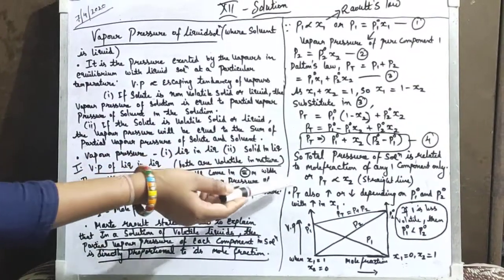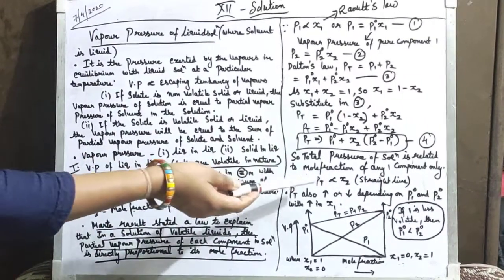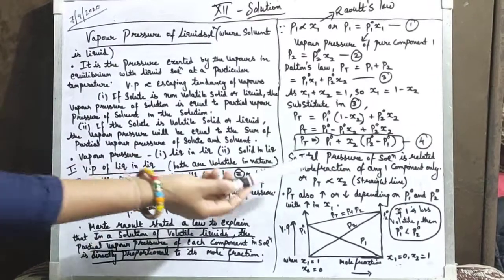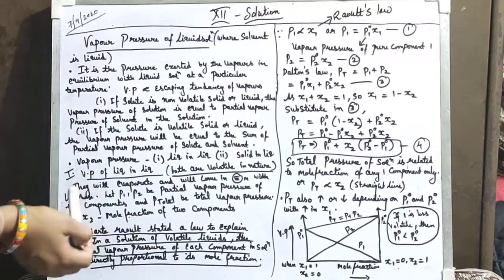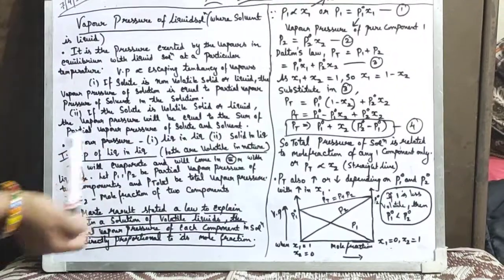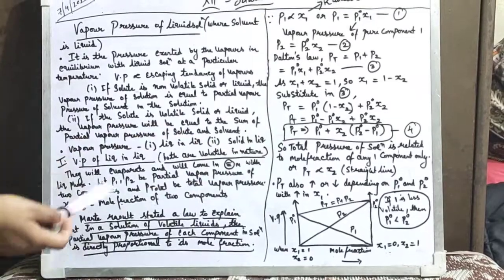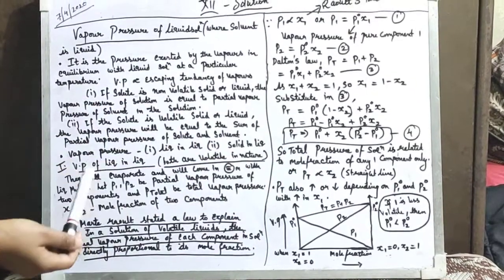So if I plot a graph between the partial vapor pressure and the mole fraction, and since both are volatile liquids, the total will be considered, you will get a straight line, so it will sharply increase, right?